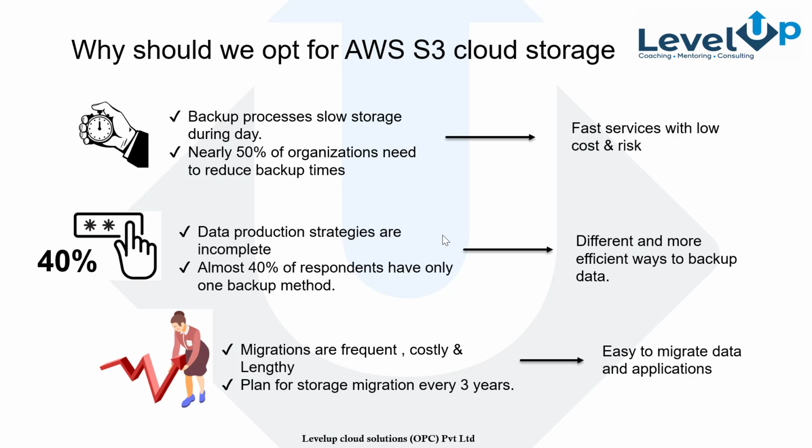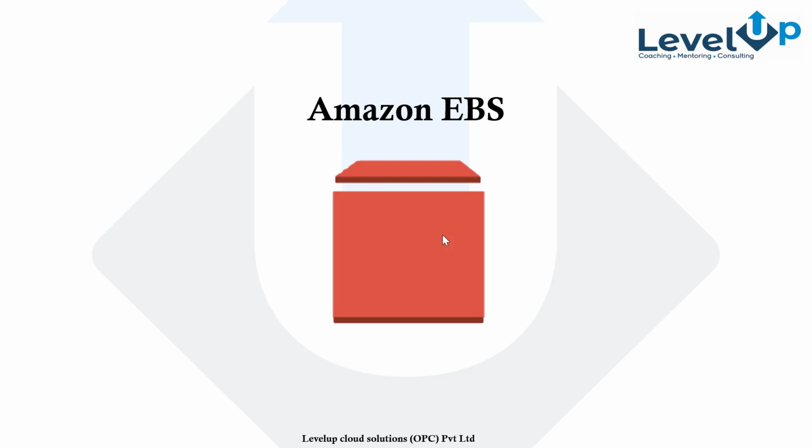And there are a couple more use cases, like backup. Normally, a backup during the day would be very slow, but if you're using S3 for your backup, it would be fast and more efficient, and for migrations it is very efficient. These are some of the use cases where you can think of having S3 storage rather than your traditional on-premises storage.